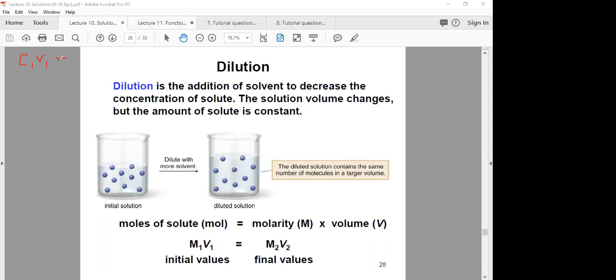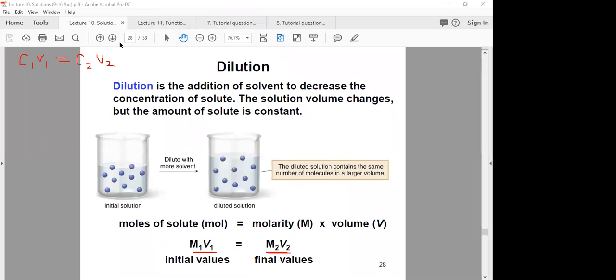So C1V1, we use this to work out our dilutions. I don't think there's any need to go over this, apart from just showing you that M1V1 equals M2V2, shown here, is exactly the same as our C1V1 equals C2V2.